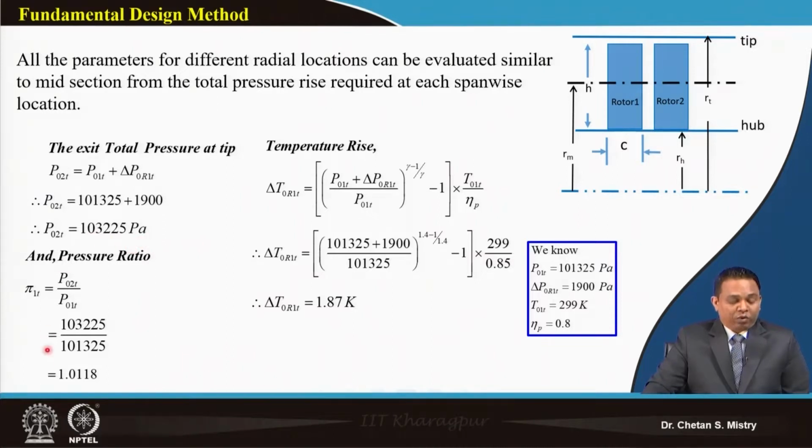We are calculating our pressure ratio, which is coming 1.011. Once we know our delta P0, we can calculate delta T0 for rotor 1 at the tip, and that is coming 1.87 Kelvin.